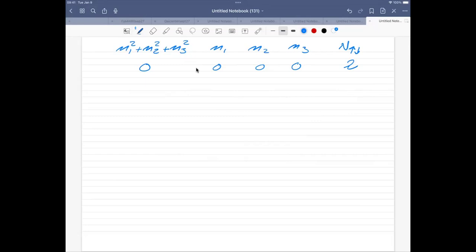If I now go to 1, then I have several possibilities. I have -1, 0, 0, and +1, 0, 0. This repeats itself, and you see quickly that you will have 6 possibilities: 0, -1, 0, 0, 1, 0, and 0, 0, -1, and 0, 0, 1.